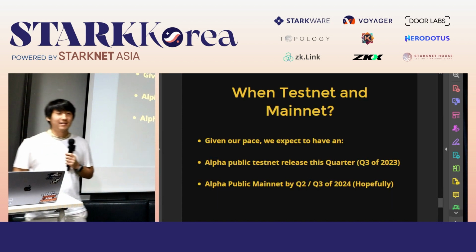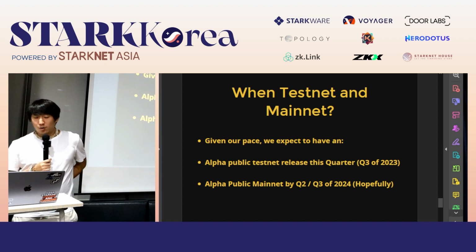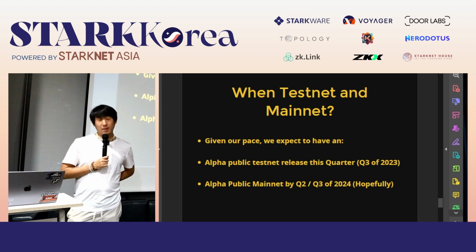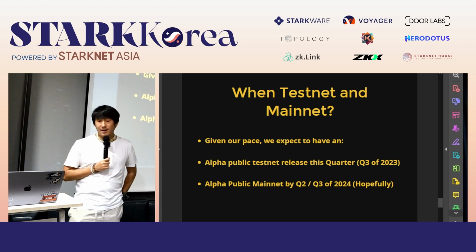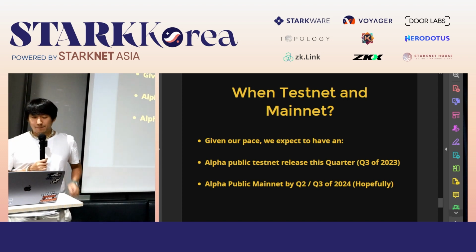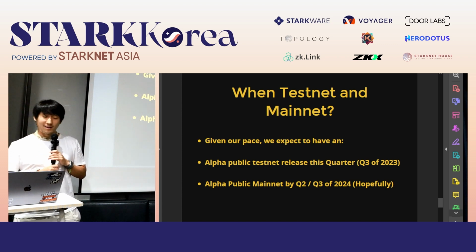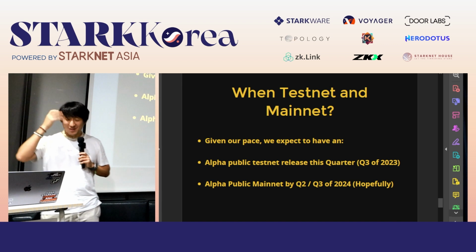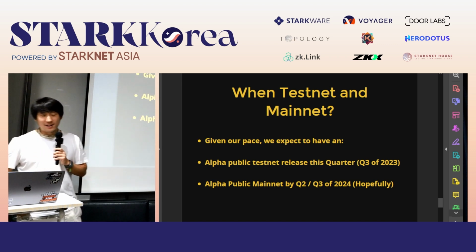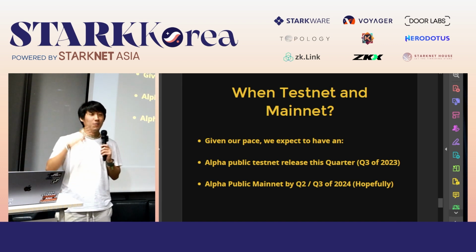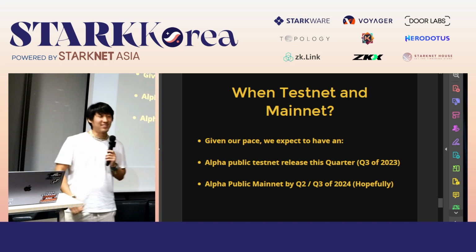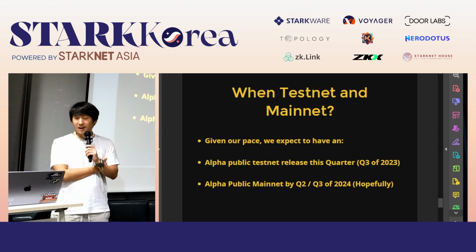As for testnet and mainnet, right now we are aiming to go to a public testnet this quarter, because we already have a whitelisted testnet. And Mainnet, we hope to achieve by next year, Q2.